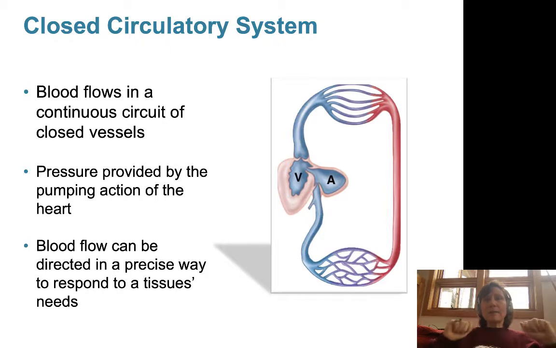And it's a rather inefficient system because it's not consistently taking it to a place to get oxygenated and then taking it out to where it needs to be used. So you have a mixing of oxygenated and deoxygenated blood, which isn't very efficient. So in a closed system, blood flow can be directed in a precise way to respond to tissues and the body's needs.